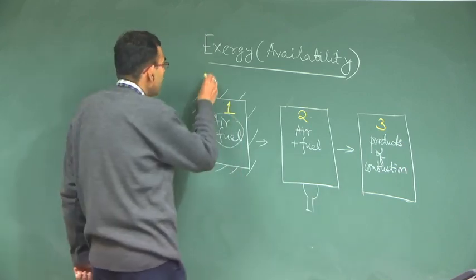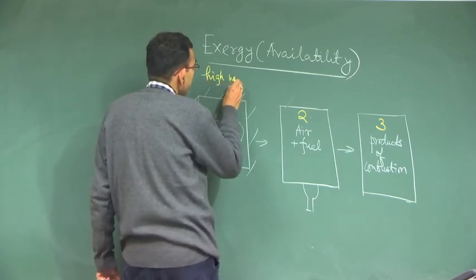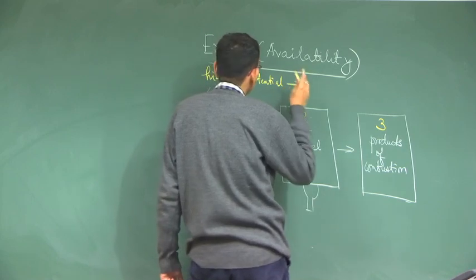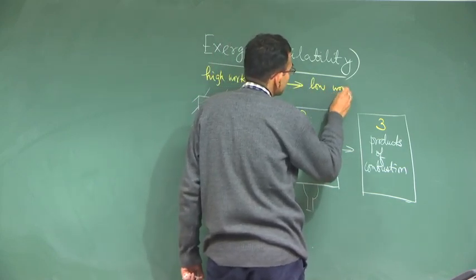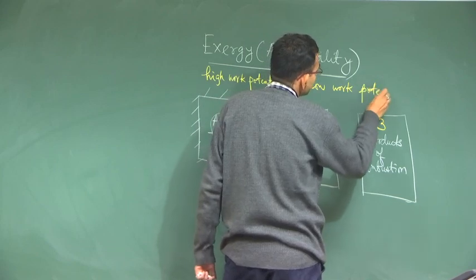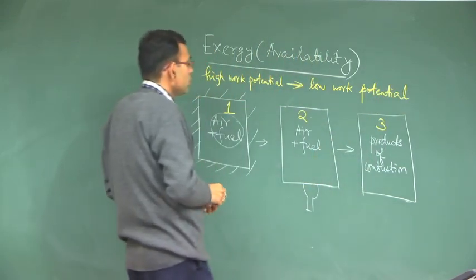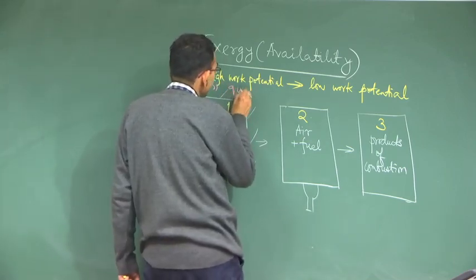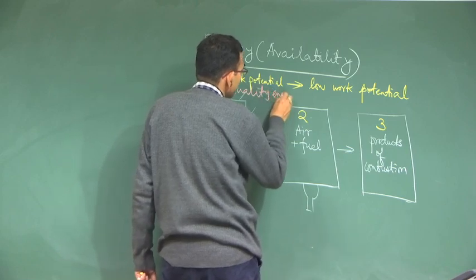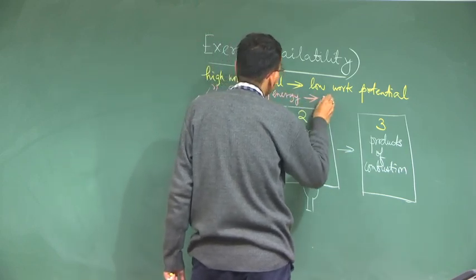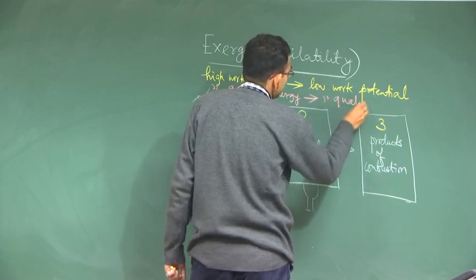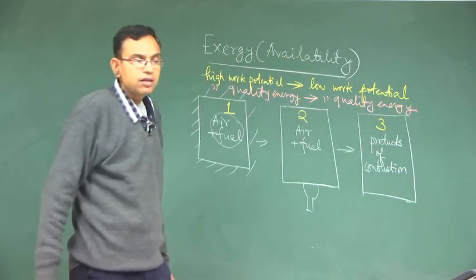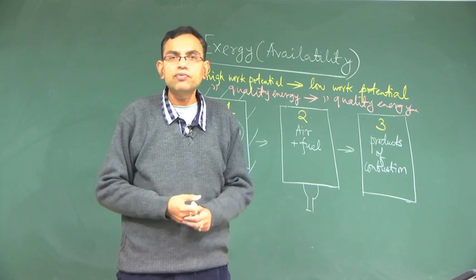So, this is high work potential and this goes towards low work potential. In other words, a high quality energy degraded to low quality energy, because work potential is associated with a high quality of energy.